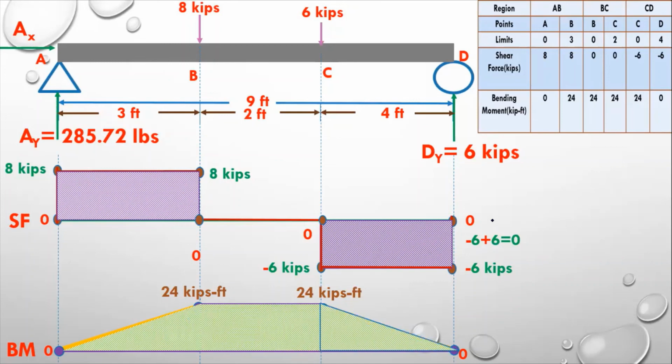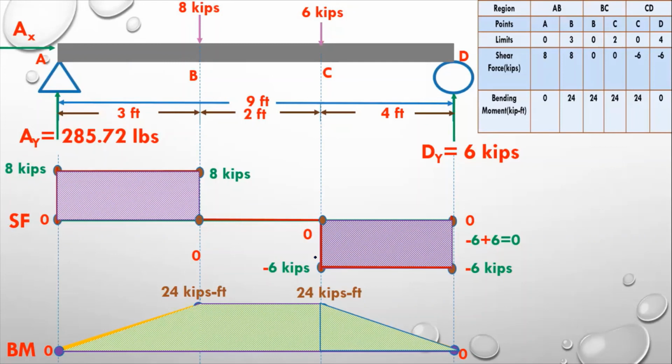Hope you will find it very interesting, because it is very interesting to do. So I hope you will get it, that the shear force value throughout B to C is 0. So the bending moment is maximum throughout B to C. So this is the way to construct the shear force or bending moment diagram. It all depends upon the values we got from the regions when we cut it, and the values we are getting for the shear force or bending moment when we are applying different limits.